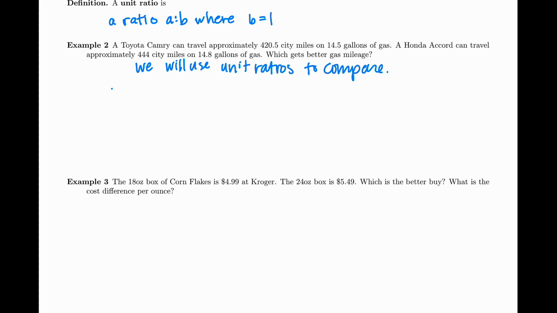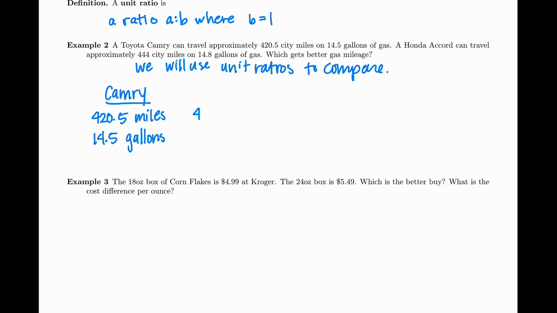Let's start with the Camry. What do we know about the Camry? It can go 420.5 miles using 14.5 gallons of gas. And if we're talking about gas mileage, think about how that is usually told to you. It's in miles per gallon.